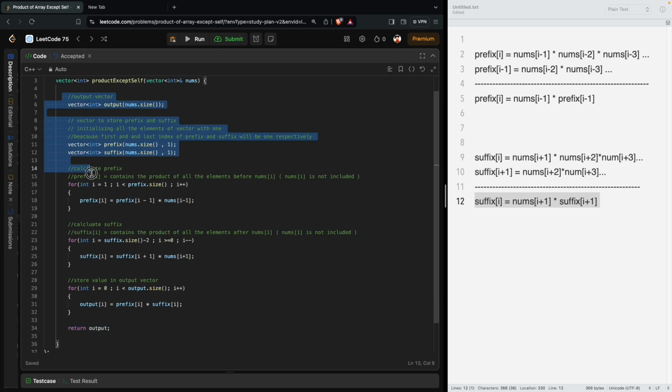You can see the complexity is simply big O of n. We are simply traversing the prefix, suffix and output vectors. And we did not use any division operation here, so this satisfies the question's condition, correct?